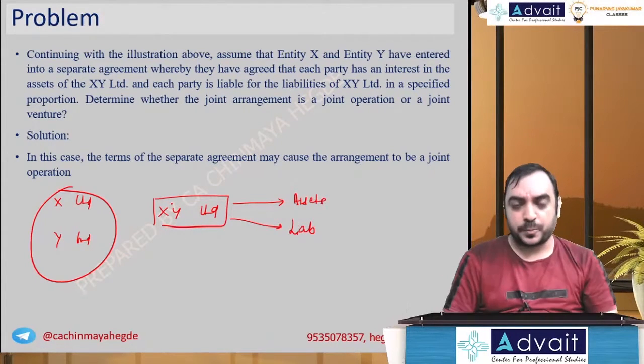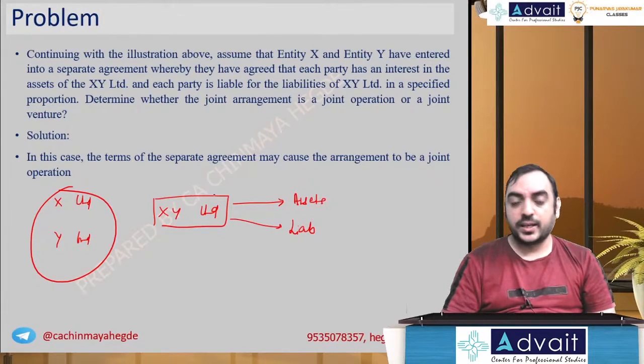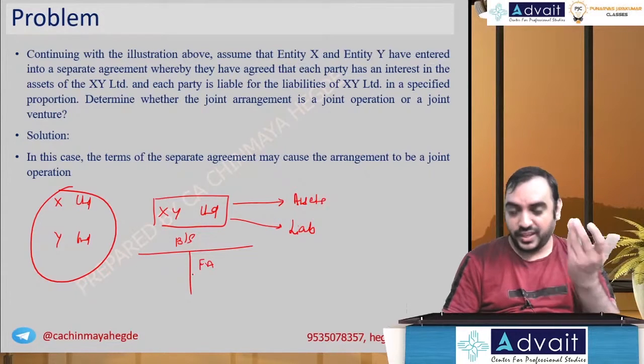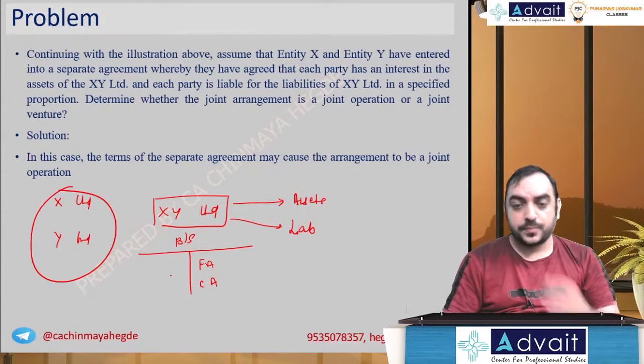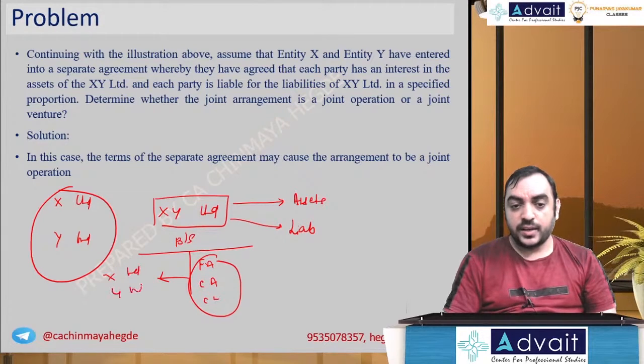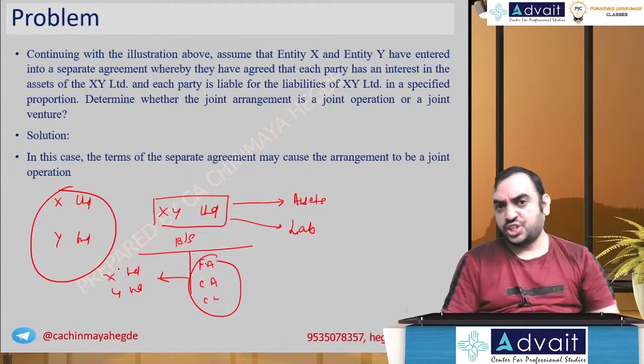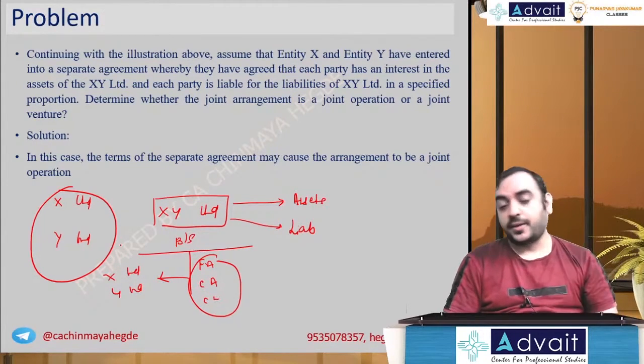It's collective ownership when you have a separate vehicle. If you prepare a balance sheet of XY Limited, you will have fixed assets, PPE, current assets, current liabilities, something like that, and it's joint ownership. The collective ownership is with X Limited and Y Limited, that is your shareholding pattern.